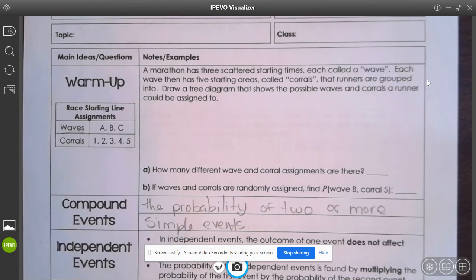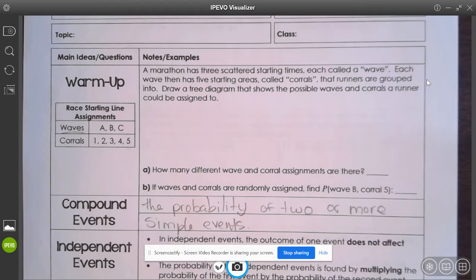Whoever starts at this time or the next time or the next time, they're put into five corrals depending on how fast you are as a runner. Those are called corrals. That's how they do most races.